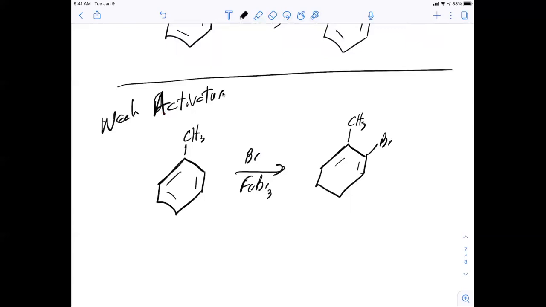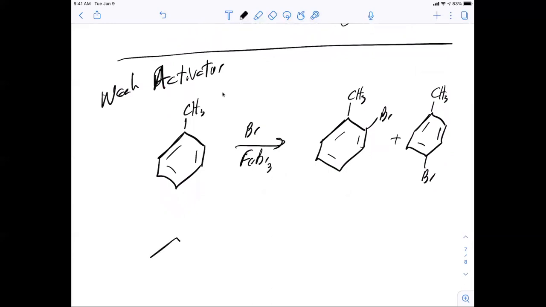And we'll still get the same directing effect. It's going to be an ortho-para director. And if we draw our resonance contributor, again, I'm not going to show all the resonance contributors.